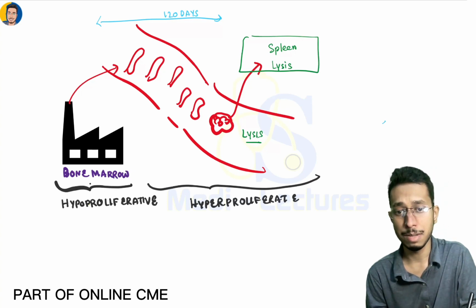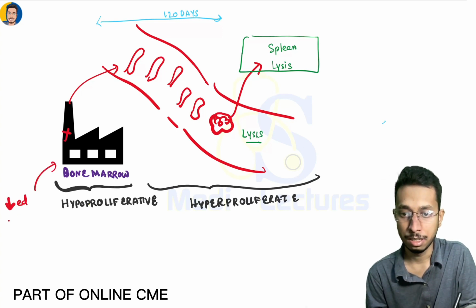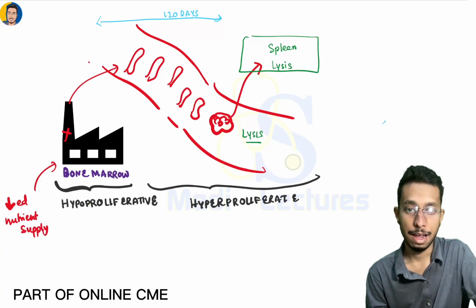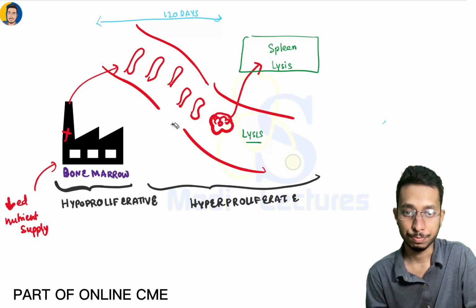This hyperproliferative can also occur due to a defect of the bone marrow itself or due to decreased nutrient supply to the bone marrow. And this hyperproliferative, apart from lysis, can occur due to acute blood loss when there is trauma to the vessel wall and blood is leaking.